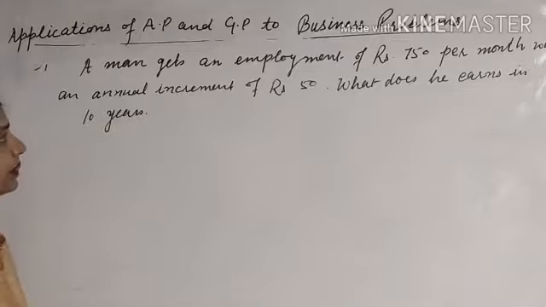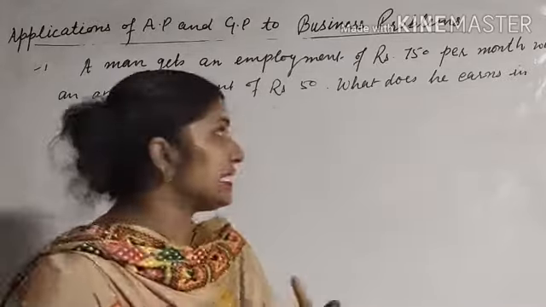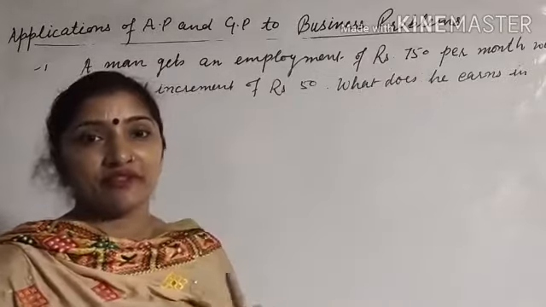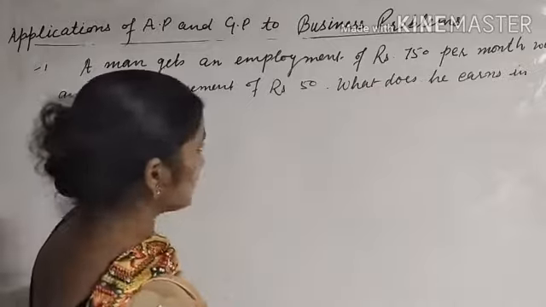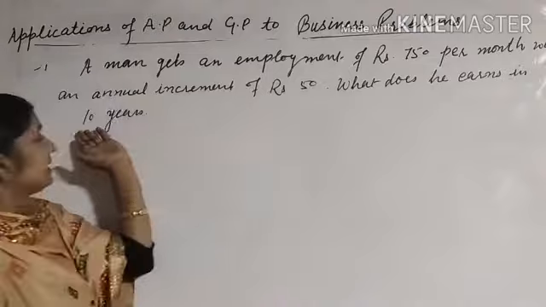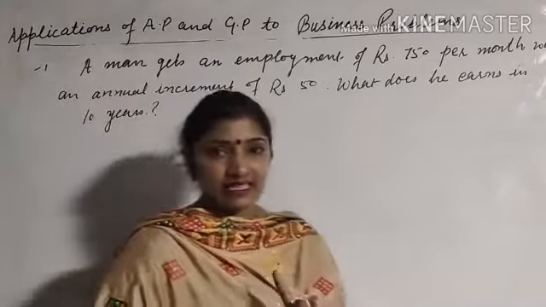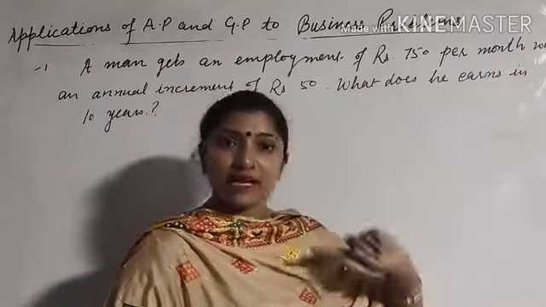Now see, which progression does this problem belong to? The initial salary of the person is rupees 750 per month, and you have asked how much he earned in 10 years. So, in the first year, he will be getting rupees 750 per month.